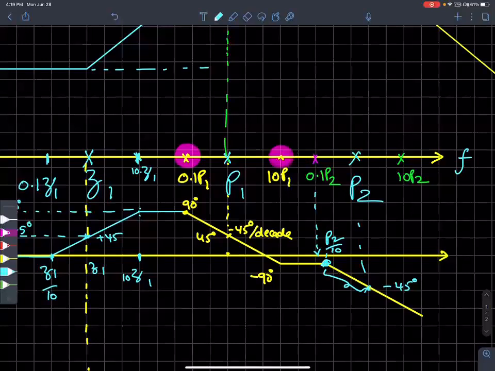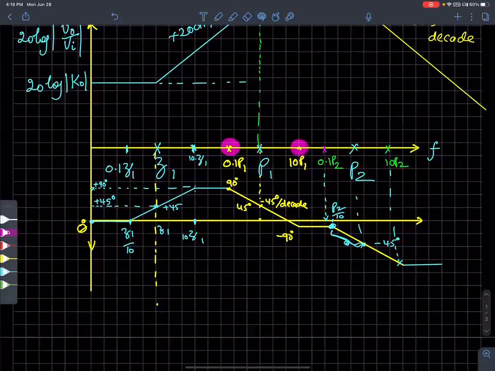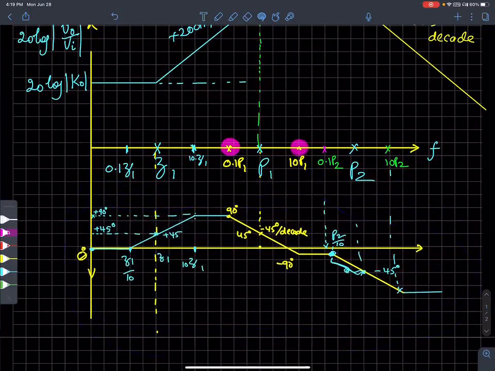So if this value were 0 initially, you would have reached negative 45. If this was 100, you would have reached negative 55, and so on and so forth. Once you reach 10 times the pole frequency, its effect stabilizes. So that's the idea of how phase and magnitude are affected by poles and zeros.